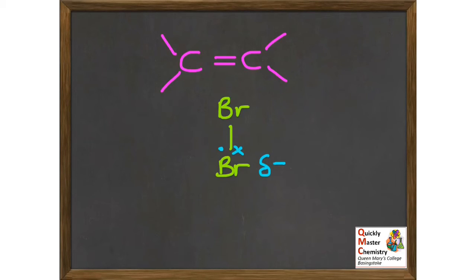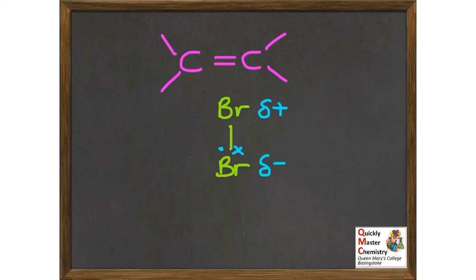We write slightly negative or partially negative in chemistry with this Greek delta symbol. And so where the electrons have moved towards the bromine furthest away from the alkene group, that becomes partially negative, delta minus. Of course, at the other end, that has, to some extent, lost an electron, so it becomes partially positive, and we show that with this delta plus.